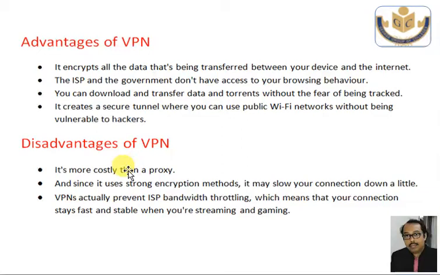Proxies are not costly, but VPN is costly because of this concept of encryption. When you add an encryption layer over the data, the connection will be slower compared to proxy. Proxy is a little faster than the virtual private network.